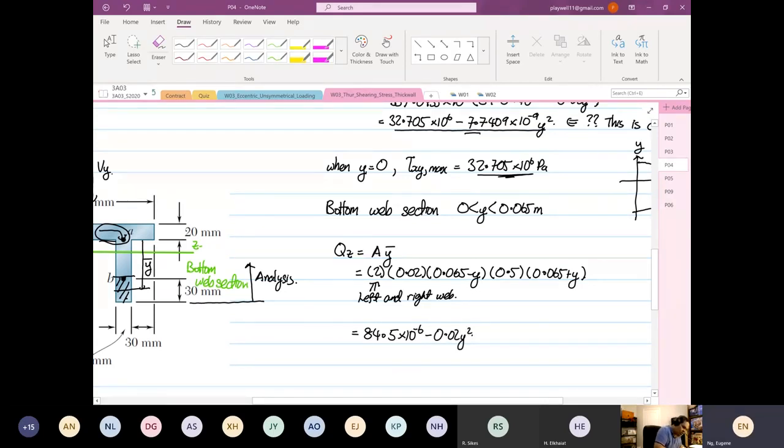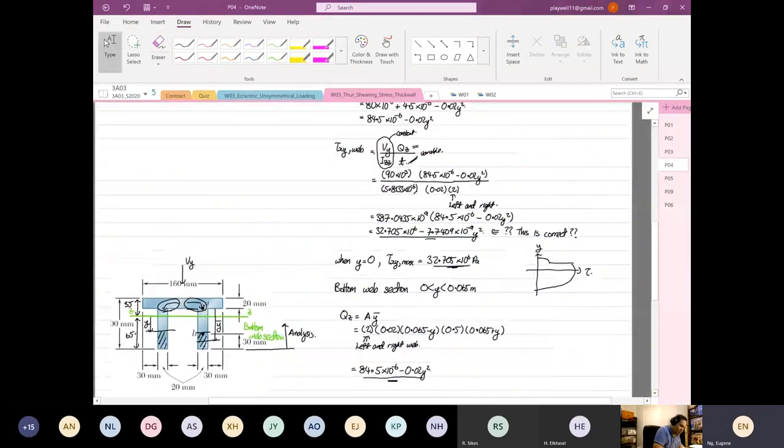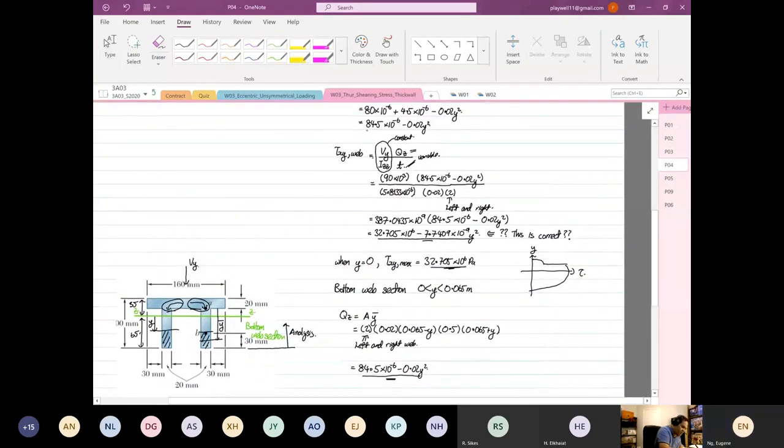Does this look familiar? Anyone? If you look at these two expressions, this we derived earlier, and this we arrive at now. The first moment of area is the same, whether you take it from the top or from the bottom of the centroid.